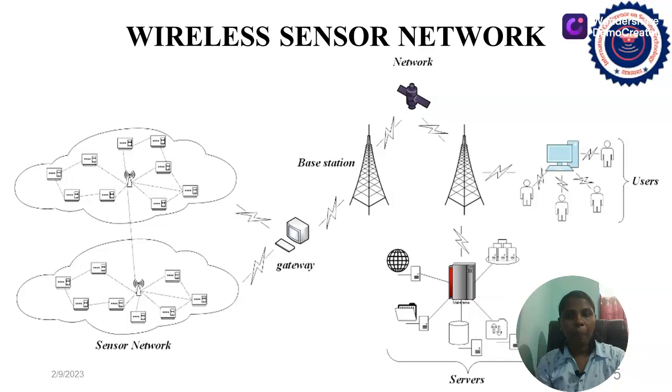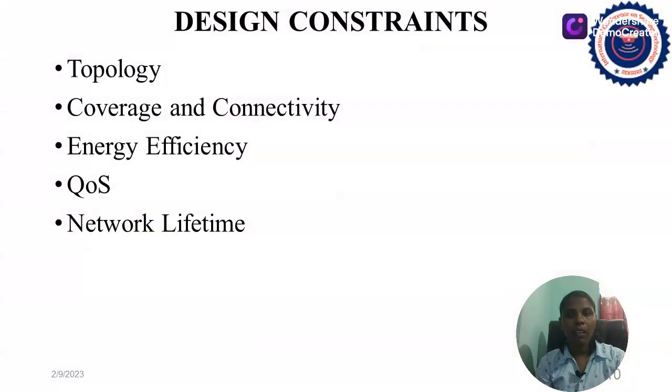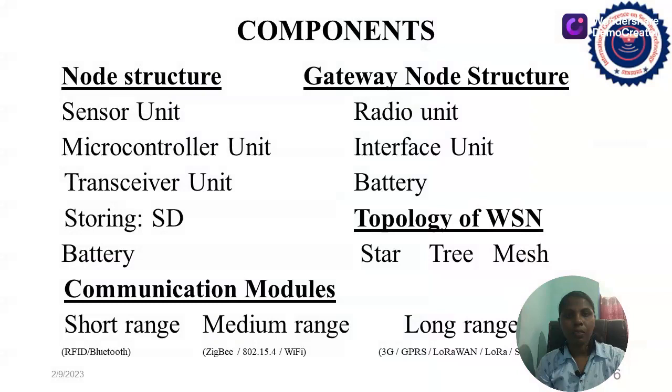What are the components in the sensor? First of all, the structure: the node contains a sensor unit, microcontroller unit, transceiver unit, a storing device, and a battery.